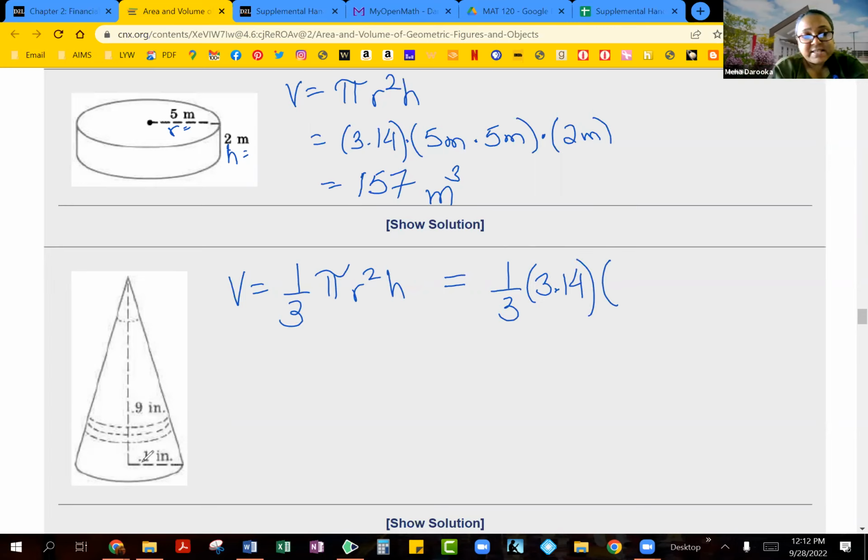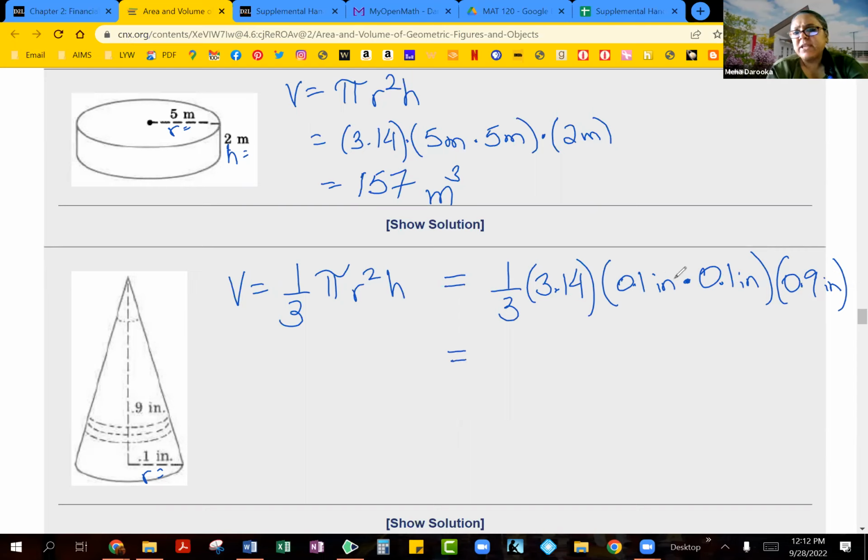Your radius is going to be the radius of the base. So that's, of course, going to be, and I don't know if you guys can see, but these are decimal numbers. So they are giving us 0.1 inches for the radius. So radius squared would be multiplying that same number into itself. And then the height is given to us as 0.9 inches.